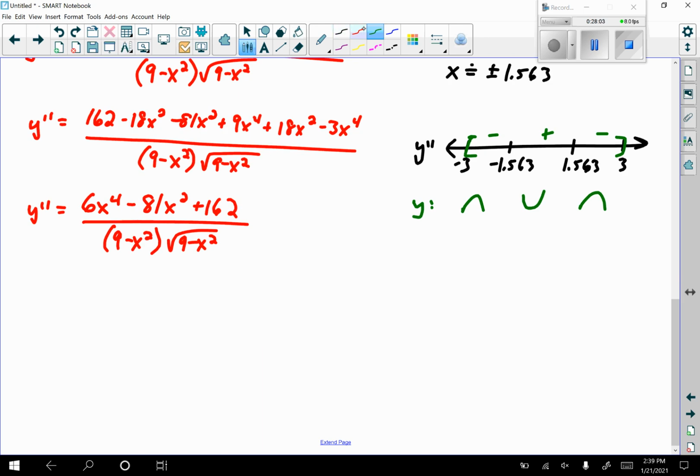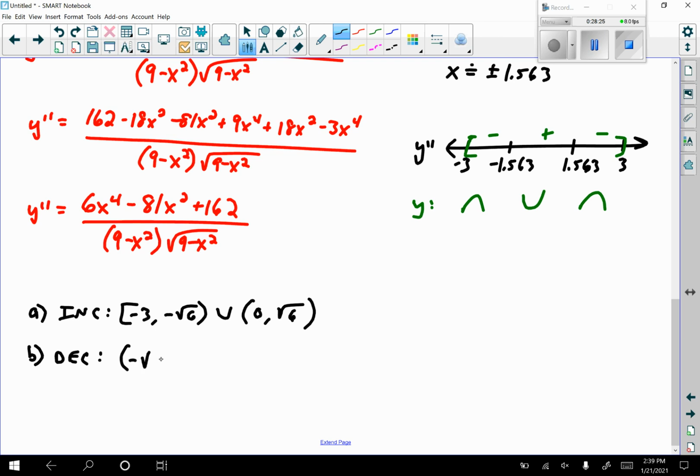All right, so again, we're going to include anything with the negative 3. So our summary here: function is increasing. We're going to say from negative 3, but we're including that, to negative radical 6, and then from 0 to radical 6. Decreasing in between, negative radical 6 to 0, and then from radical 6 to positive 3.